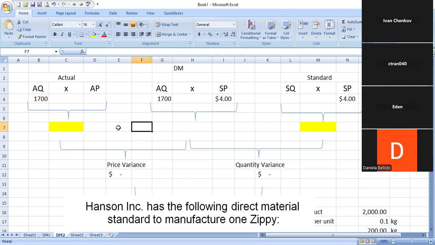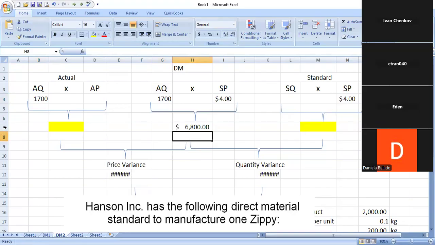So now we have this number as well. So technically I can calculate my middle number, 1,700 times $4, and I'm going to have my first number, 6,800.